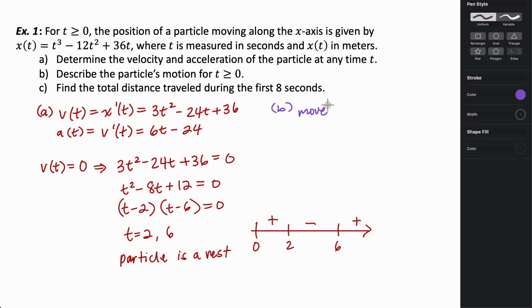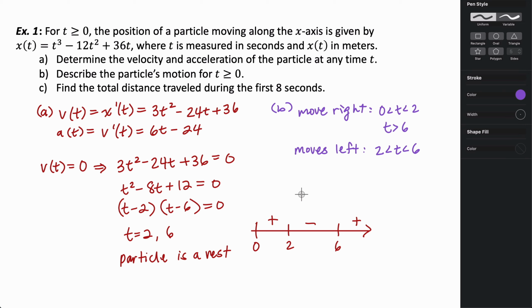It moves to the right for t between 0 and 2, and also for t greater than 6. And it moves left for t in between 2 and 6 seconds.